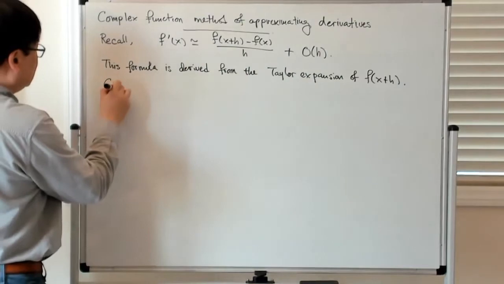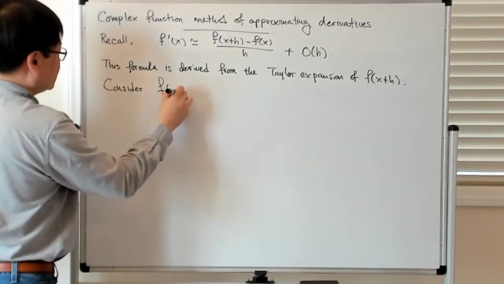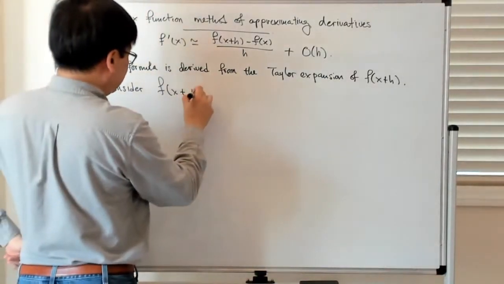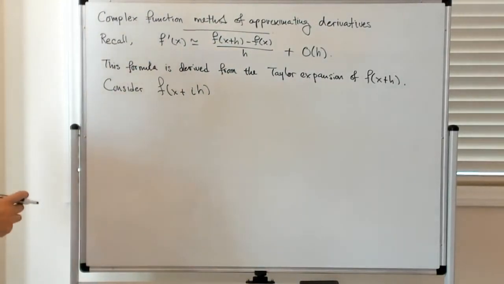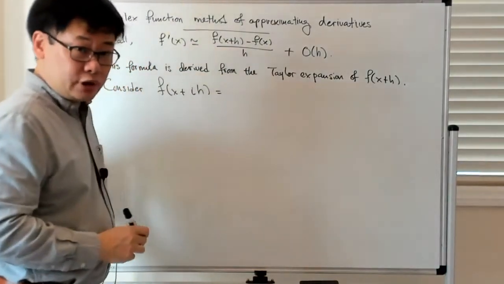So let's consider f at x plus h, but not just h, x plus i times h. So now we're evaluating f on a complex number. And then we can again do the Taylor expansion of this.